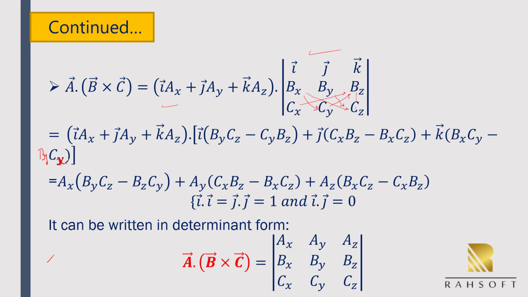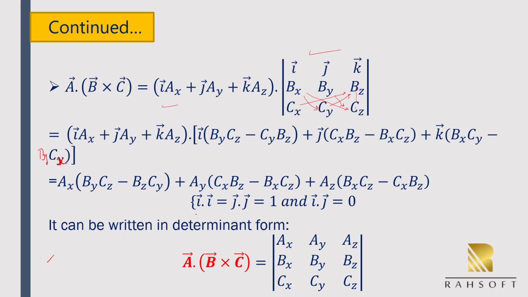So you can correct it here, and after solving this we will have Ax (By Cz minus Bz Cy) plus Ay (Cx Bz minus Bx Cz) plus Az (Bx Cy minus Cx By).